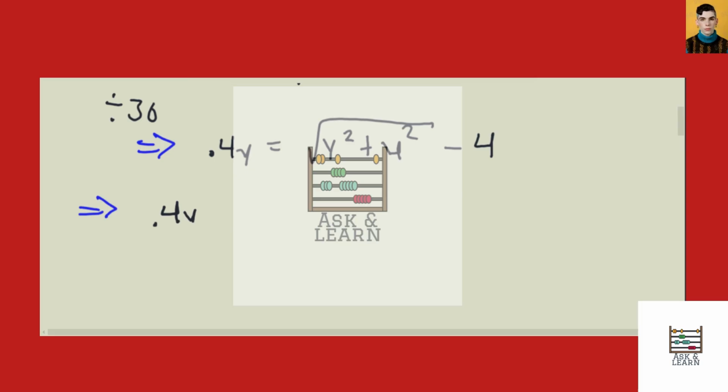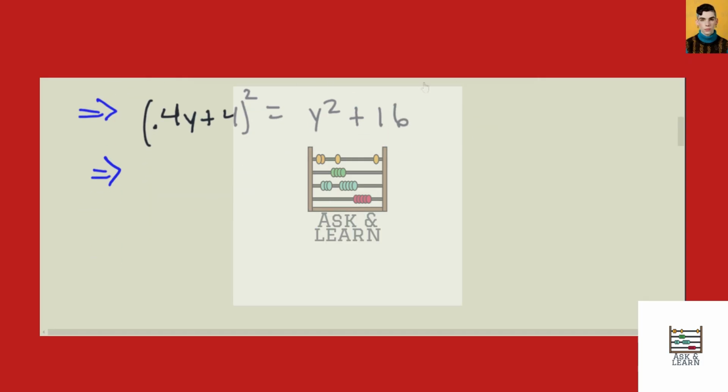So we have 0.4y plus 4 squared is equal to y squared plus 4 squared is 16. Okay, so now this left side, when we factor everything, we get 0.16 y squared plus 3.2 y plus 16 is equal to y squared plus 16.